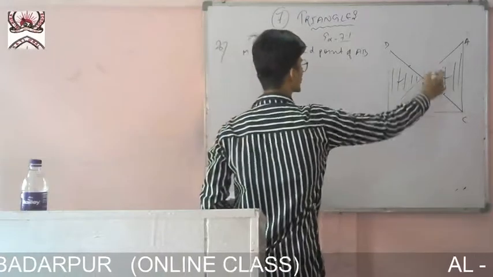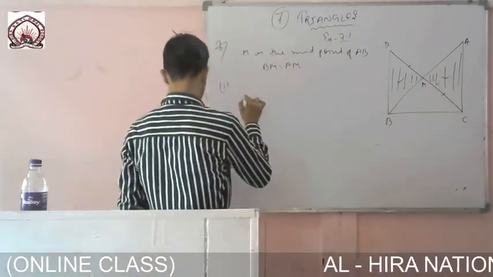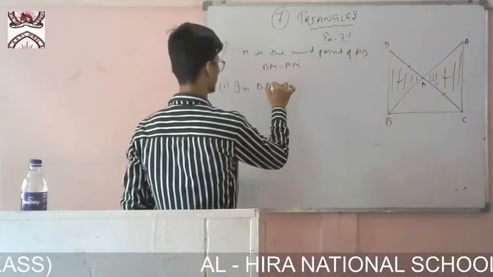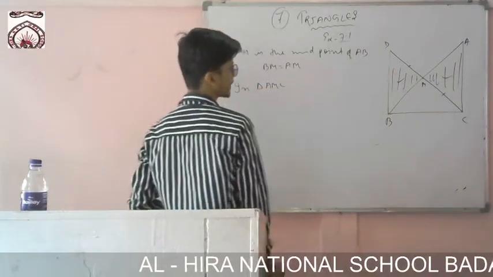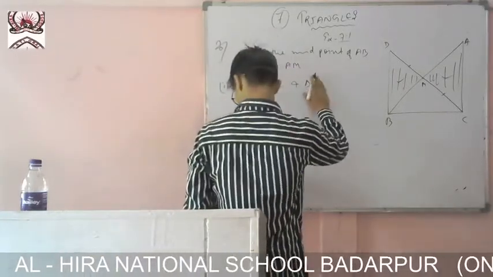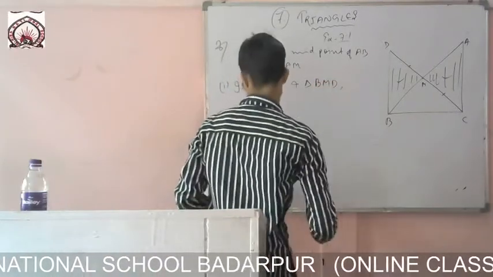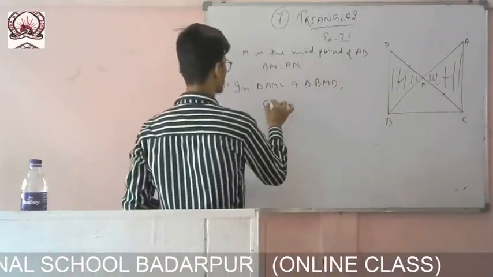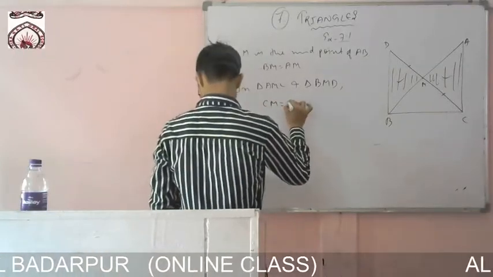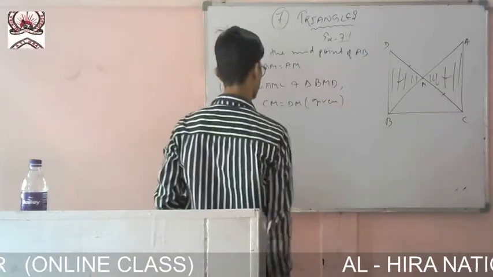Now first of all, Roman number 1, in triangle AMC and triangle BMD, CM is equal to DM, it is given in the question.